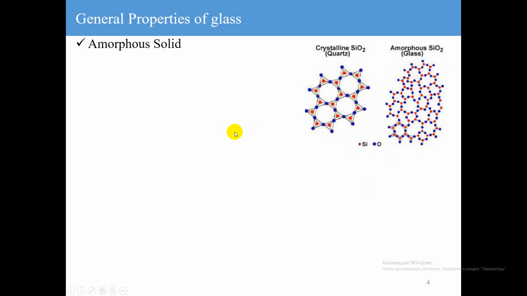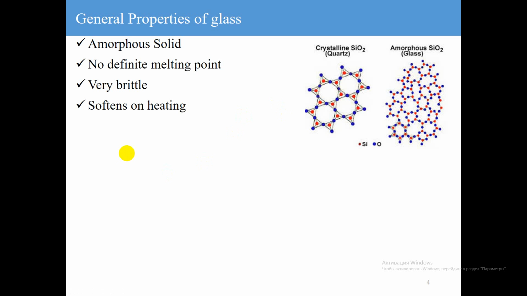So general properties of glass include: amorphous solid. No definite melting point. Very brittle material. Softens on heating. Can absorb, reflect, and transmit light.